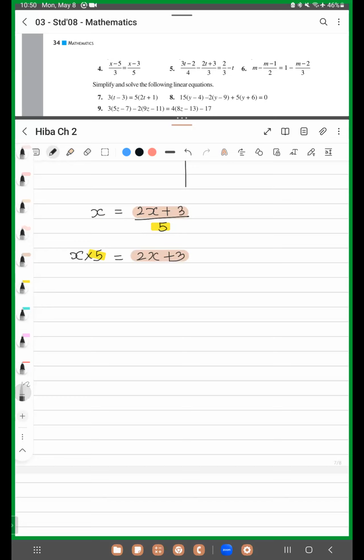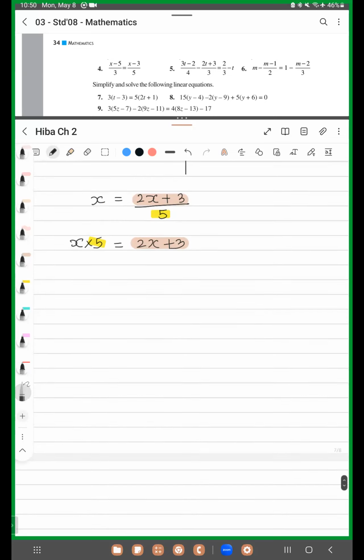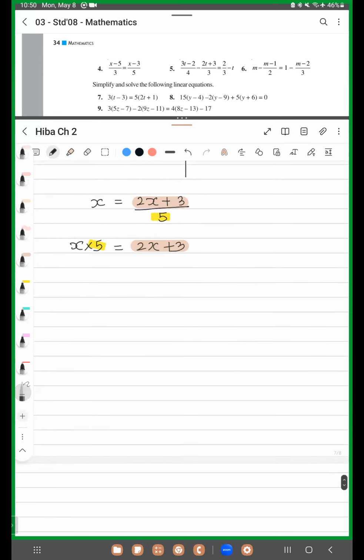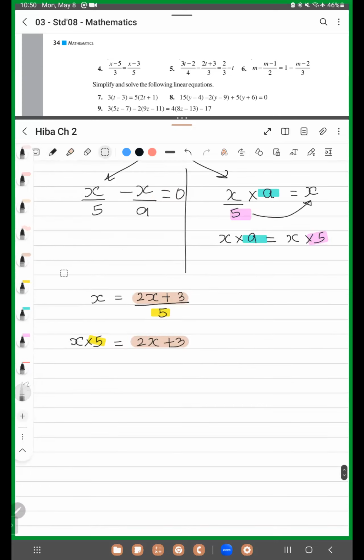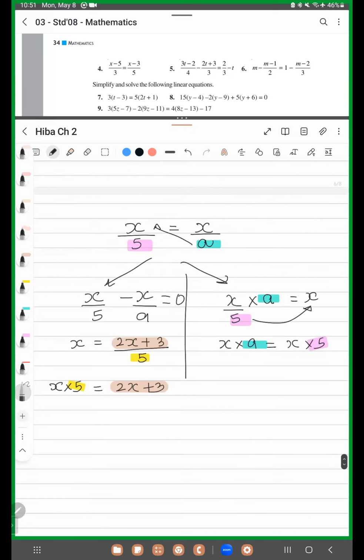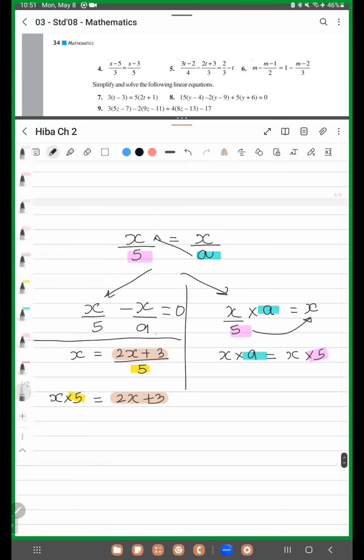Hiba, clear? Okay, I understood this part. You understood this part. So the same thing we have done over here as well. We have sent this a to the left side, and it became a multiplied by a.